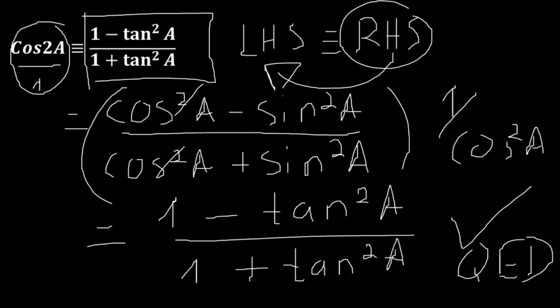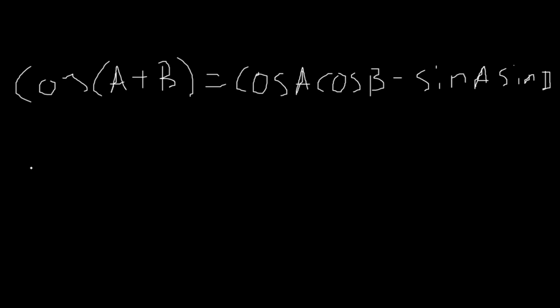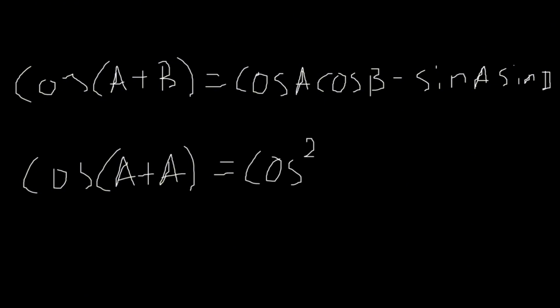Okay, coming out here, that is why we put square directly. And if it's cos (a plus a), that is 2a, that will be equal to cos square a minus sin square a. And what is that for sin (a plus b)?